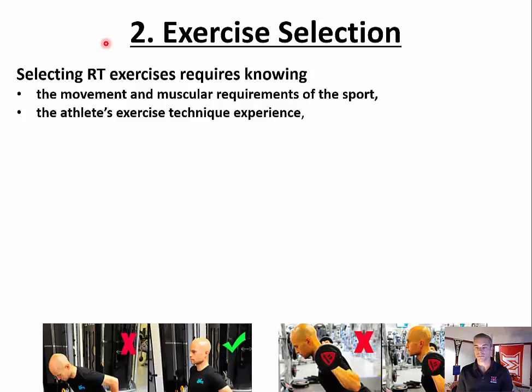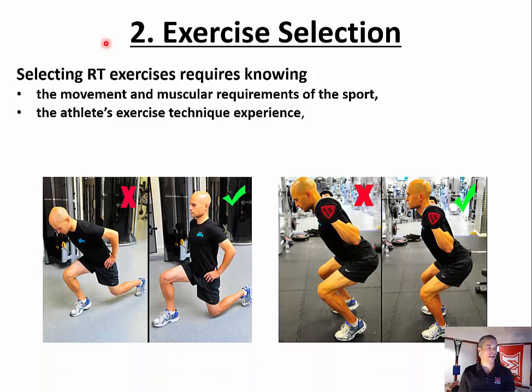So for example, if we're looking at exercises such as the forward step lunge or the barbell back squat, you see the improper exercise technique on the left here for the forward step lunge and right here for the barbell back squat.